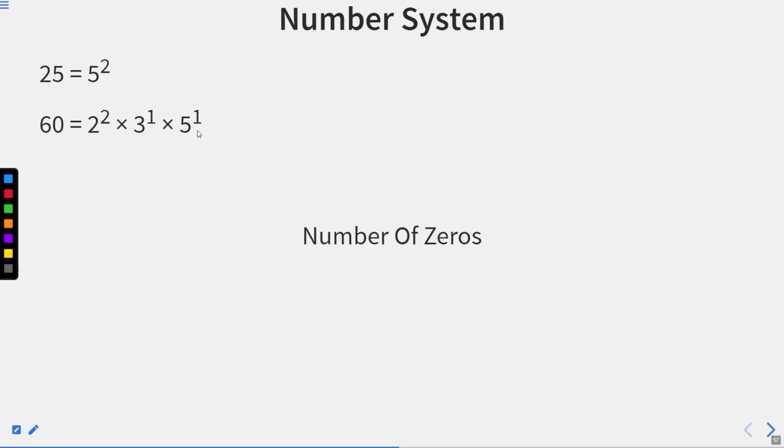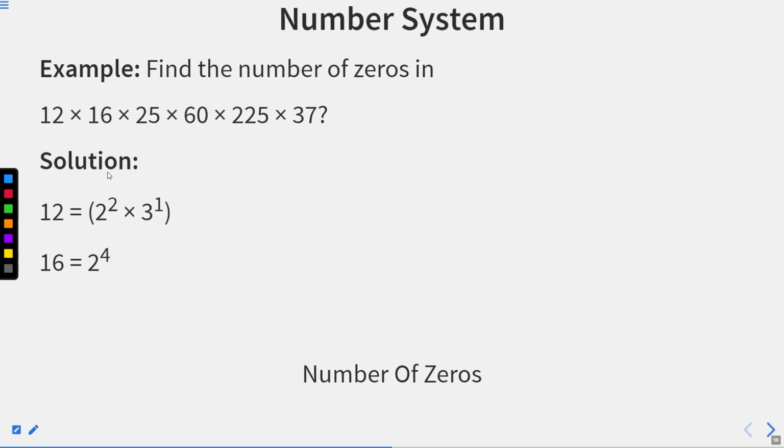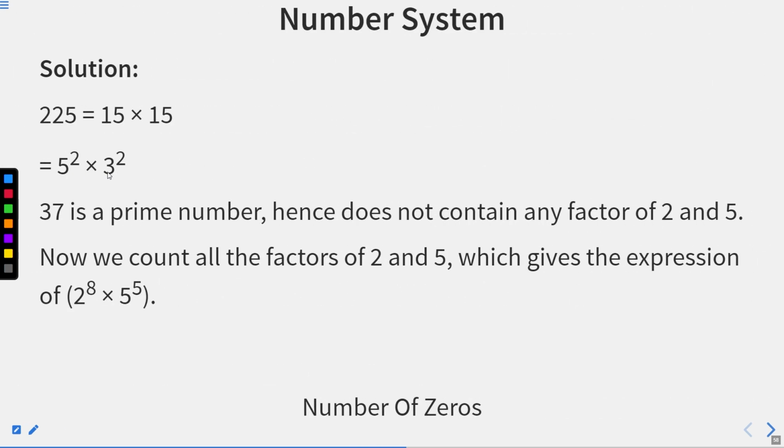Now you have to combine all these factors and identify how many combinations of 2 into 5 you can make. Here I can make in total 5 square. We have some more numbers remaining here.